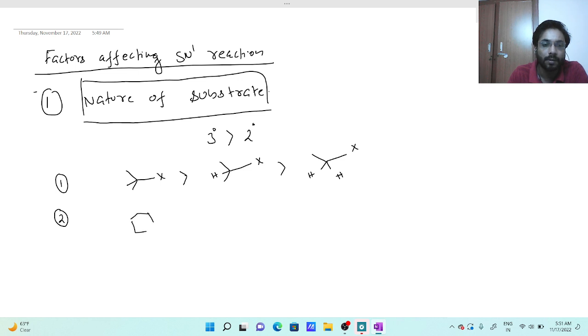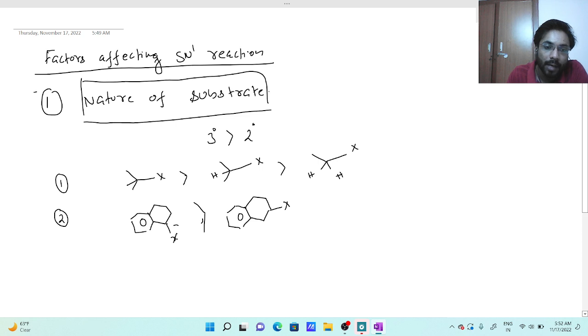Okay, this is the first example. Which alkyl halide is more feasible towards SN1 reaction? 1 or 2? 1. Why?